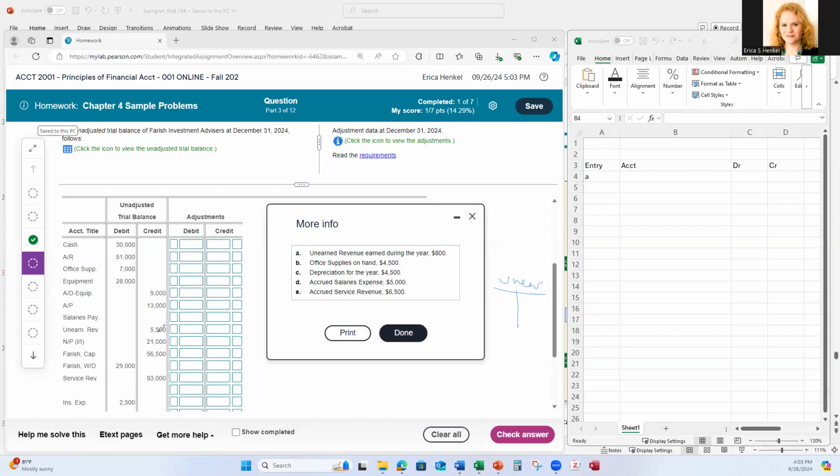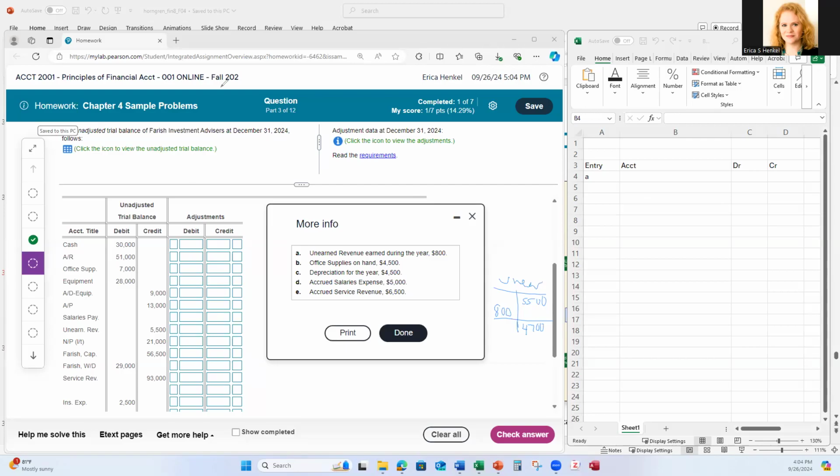So they would have had sitting out there, we've got $5,500 that was sitting in unearned revenue at the beginning of the year. And then they earned 800 of that. So we need to reduce this balance down to reflect that it's $800 smaller. So we would debit that, and then that would get us 5,500 minus 800, which would be 4,700 for that unearned revenue.